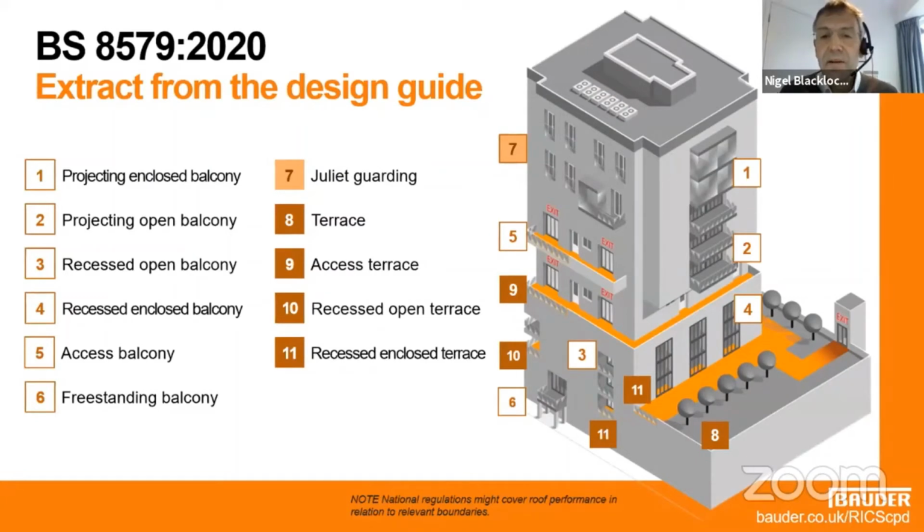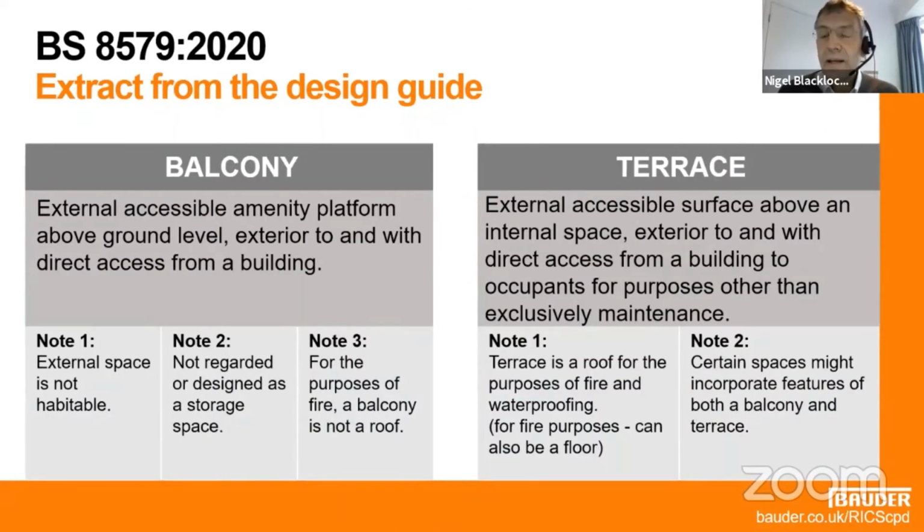So you can see here the areas that are marked in the orangey color are areas that would be classed as a terrace and therefore a roof. The next slide will explain that. Before, we never really had to determine between a balcony and a terrace. They were interchangeable words, but from a fire point of view now, we have to be very specific about what we mean. A balcony is for external amenity, but an important point is it's not above a habited area, and so for the purposes of fire, it's not a roof.